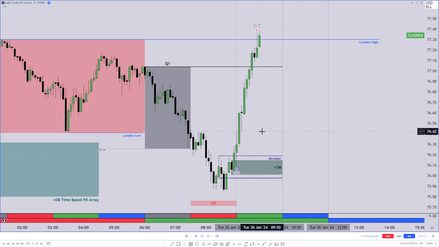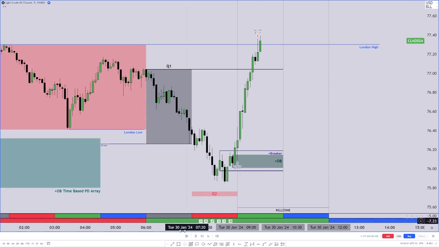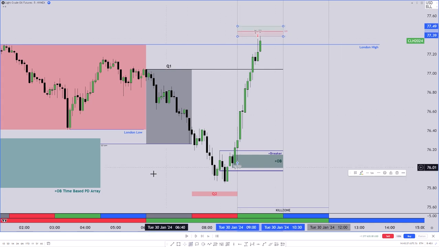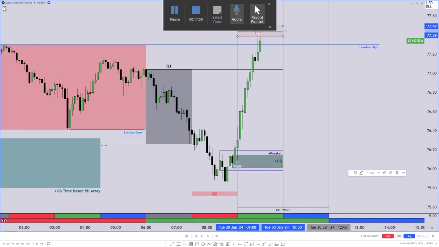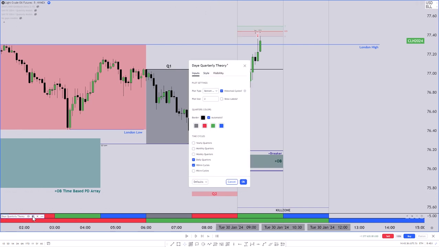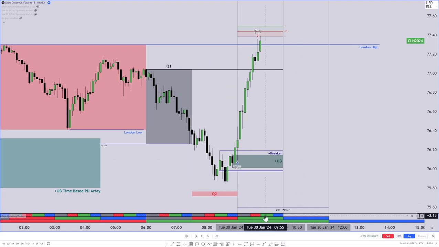So yeah, you also want to study each individual quarter when you're within it, and divide it into microcycles. Let's do this. Notice how price is reacting through the Q1 high right there, the Q3 high.